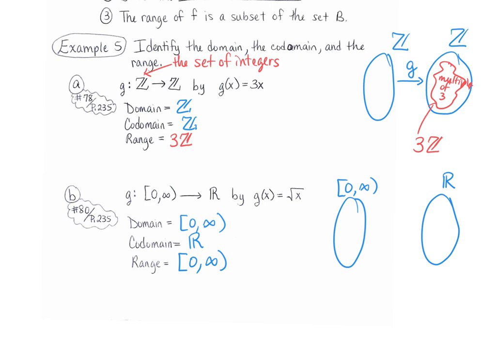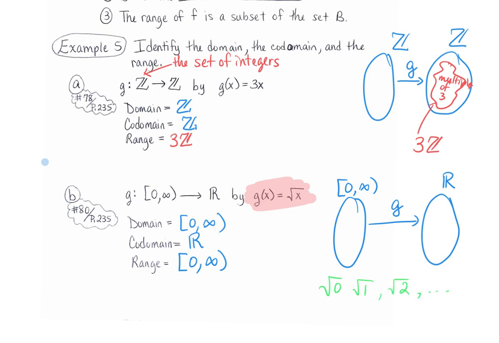That's our G. Our definition says G of X is equal to the square root of X. That means we can find things like the square root of 0, the square root of 1, the square root of 2, and so on.